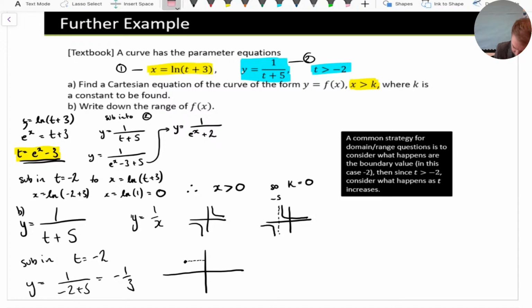So we need to be careful of this graph. So we're starting here when y is equal to a negative third, which is going to be minus 2.